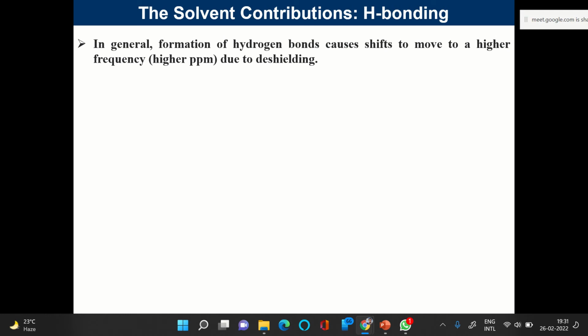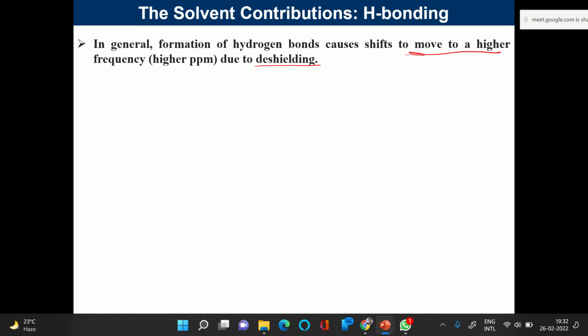Hydrogen bonding, generally you will find that for the hydrogen bonded protons, the NMR signal will move to higher ppm values due to deshielding.